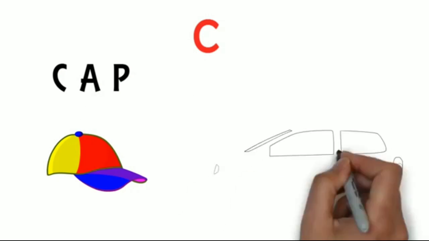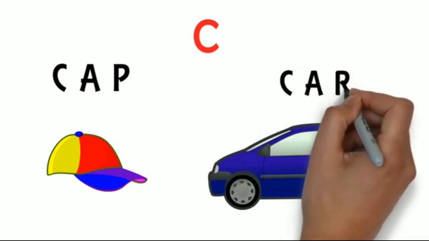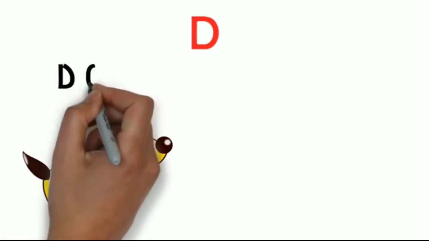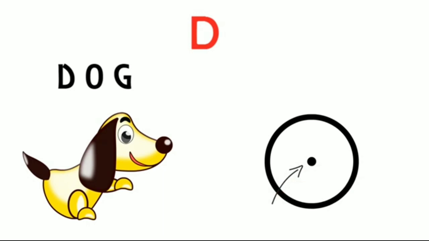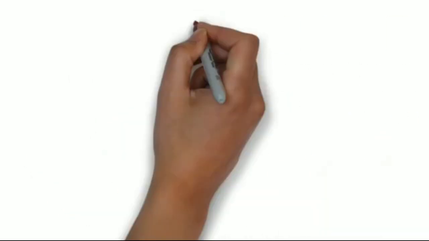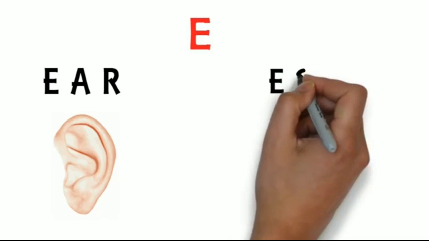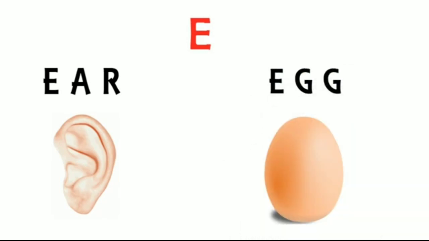C for cap. C for car. D for dog. D for dot. E for ear. E for egg.